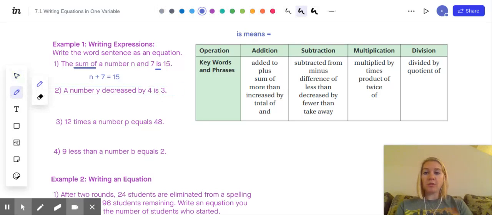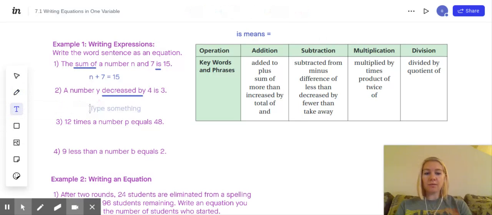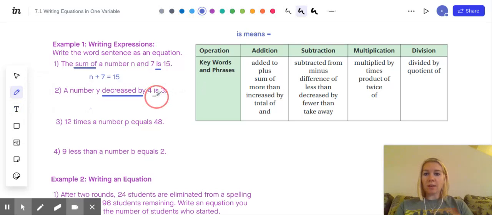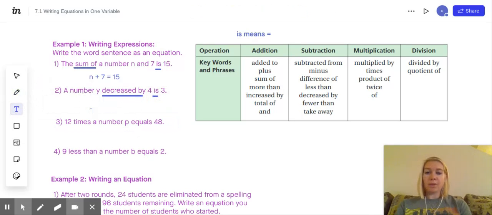Okay, I see two key phrases here. The first one is decreased by, and I know decreased by means subtraction. So we're going to be subtracting. And the other key phrase is the word is, and we just learned that is always means equals. So we're going to be subtracting something, equals.